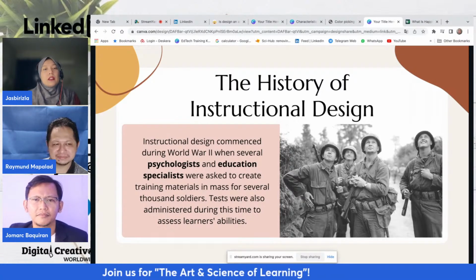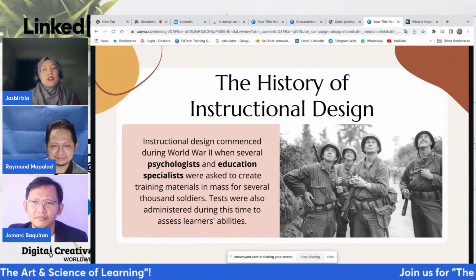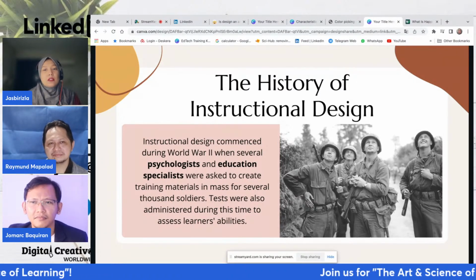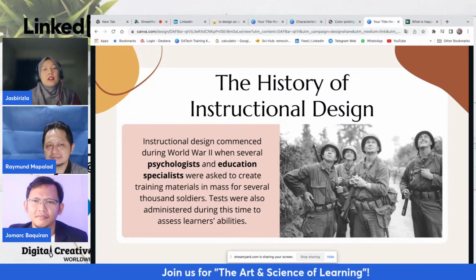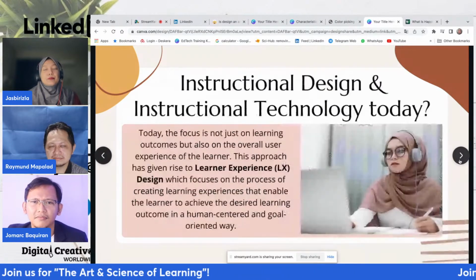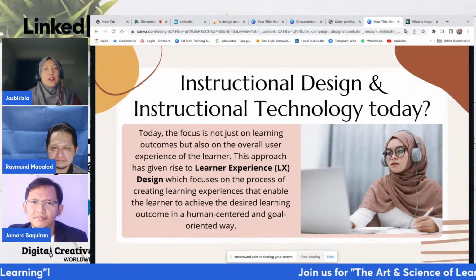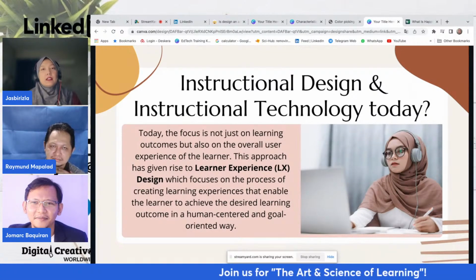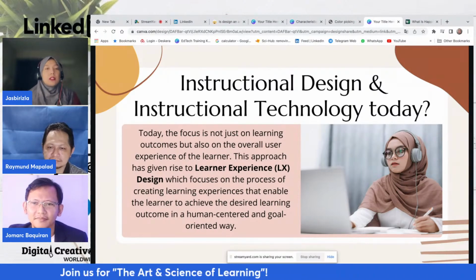They also administered tests to evaluate their knowledge and skills. That's when instructional design emerged as a field. And today, because of online learning, instructional design also happens in schools and so on.